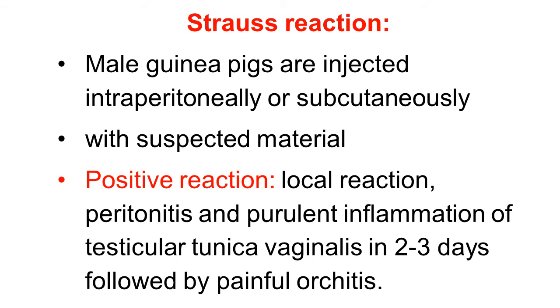In a positive reaction, there is a local reaction at the site of injection, that is peritonitis, and purulent inflammation of the testicular tunica vaginalis within 2 to 3 days, and there is development of painful orchitis. This type of reaction is called the Strauss reaction. The infected material contains infection and it produces orchitis. That is the Strauss reaction.